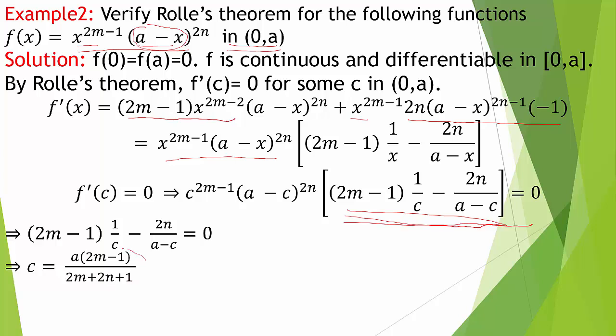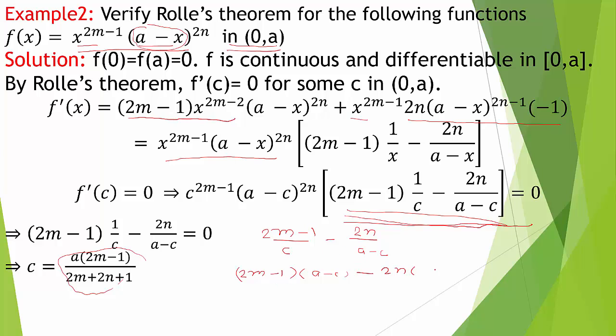How can this be obtained from this? Let us see. (2m minus 1) divided by c minus 2n divided by (a minus c). If I multiply these terms crosswise, I will get (2m minus 1) into (a minus c) minus 2n into c, cross multiplication.